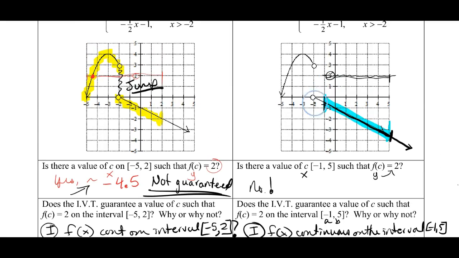Well, if A is -1 and B is 5, then f of A, or my function at -1, is about -0.5 here. And f of B, my function at 5, is about -3.5.